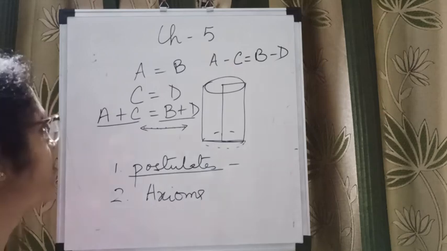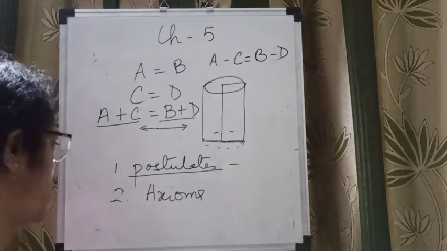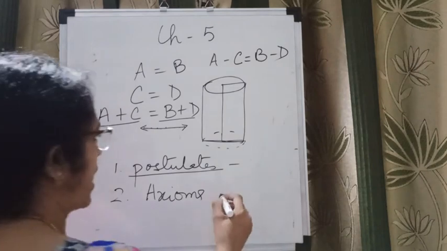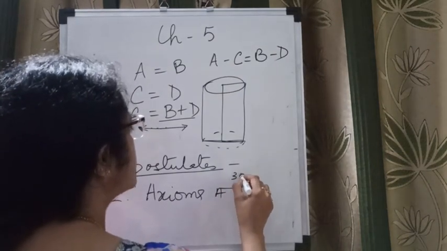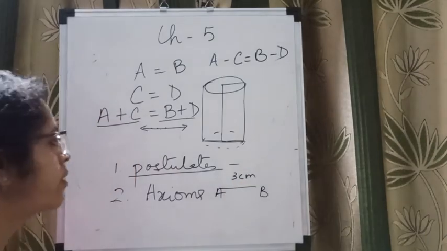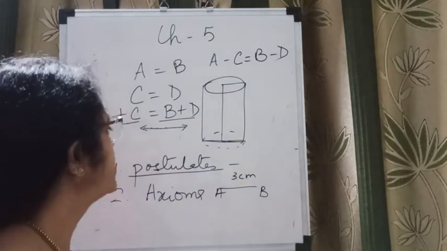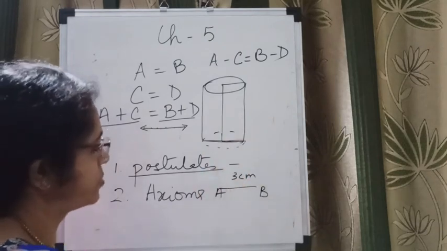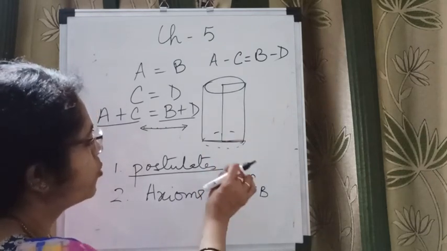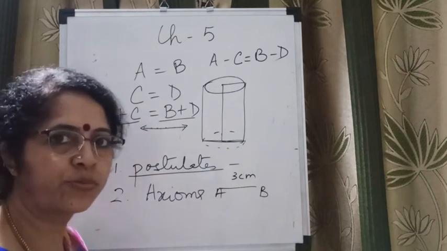Now coincide also means overlap. So for example, if you have a line segment AB, this length is 3 centimeters. Now we have another line segment PQ and we keep it on top of this. In other words, we superimpose it. Then definitely one overlaps the other, which means they have to be equal.